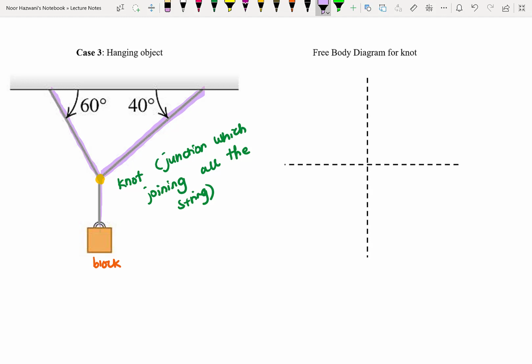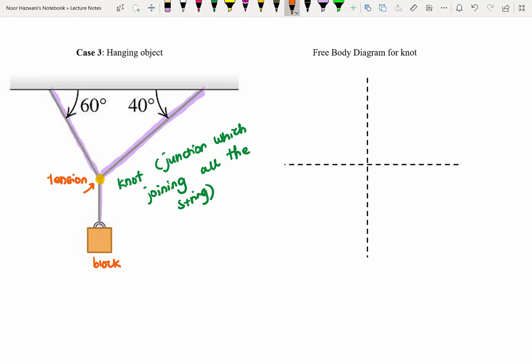Okay, let's identify the forces acting on the node. Look at here. The node is just tied with the strings. Therefore, we just have tension force.